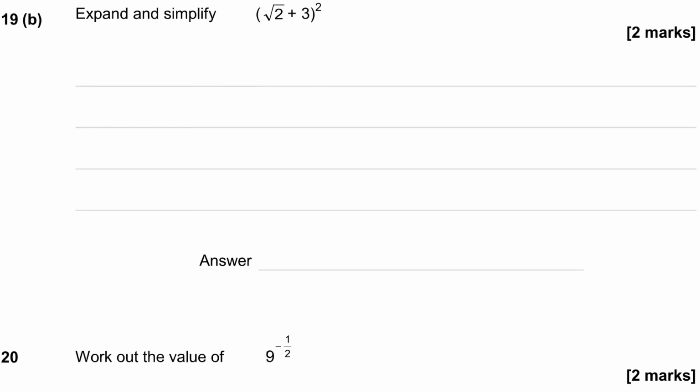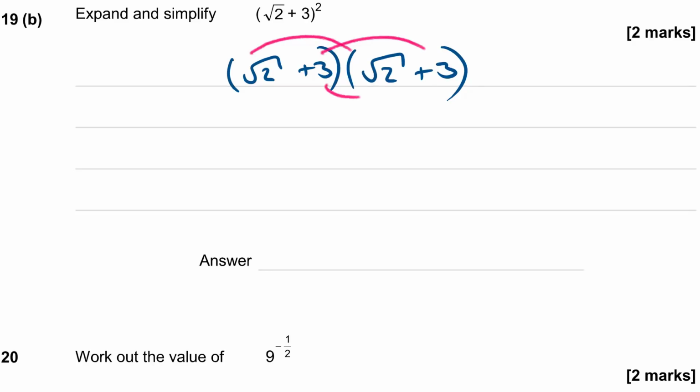For 19b, expand and simplify root 2 plus 3 all squared. So root 2 plus 3 all squared is going to be these two brackets multiplied together. Now use first, outside, inside, last, or whichever way you remember how to multiply out double brackets.